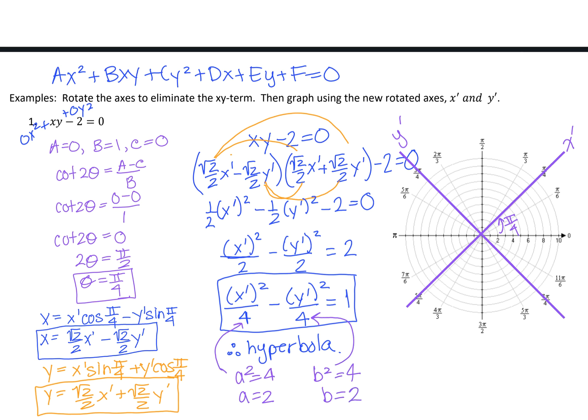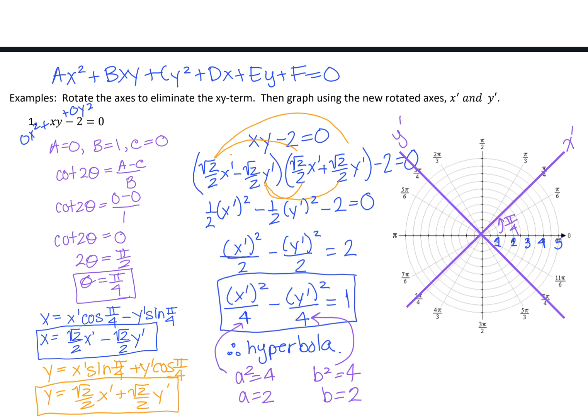So if a is 2, okay, this is going to be really skinny on here. I'm going to change it. Let's change this to counting by 1 and then make this a 2, make that a 3, make that a 4, make that a 5. Okay, so if my a value is 2, then that means on my x prime axis, it's going to be a horizontal transverse axis.